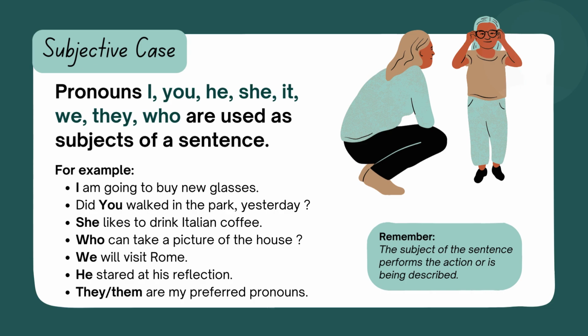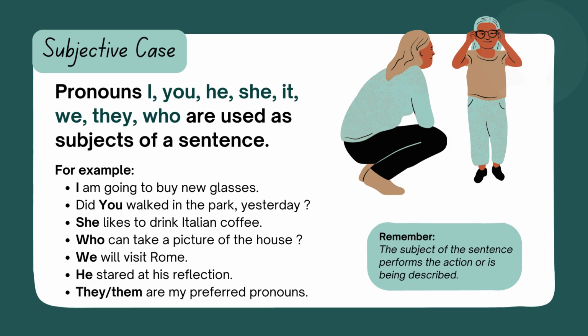Now, in this sentence, I replaced I with the name of a person, say Mary or Sarah. So, Sarah is going to buy new glasses. So, pronouns are used to replace a noun in a sentence to avoid some kind of redundancy when speaking. We do not want to keep repeating the noun.